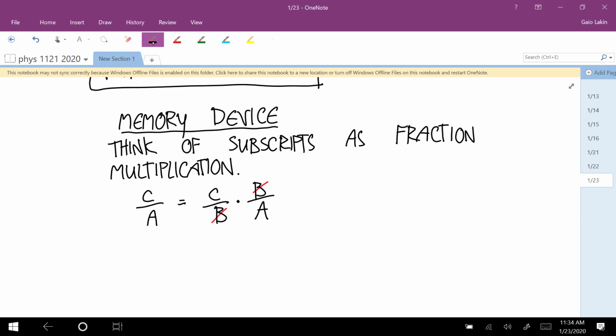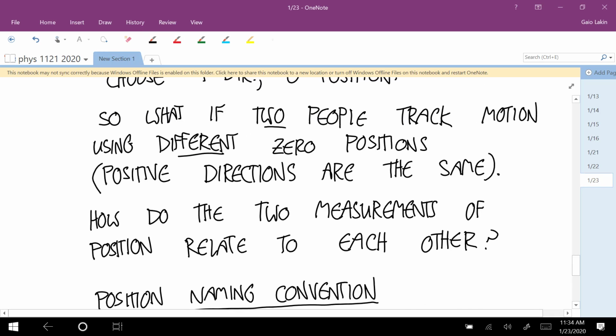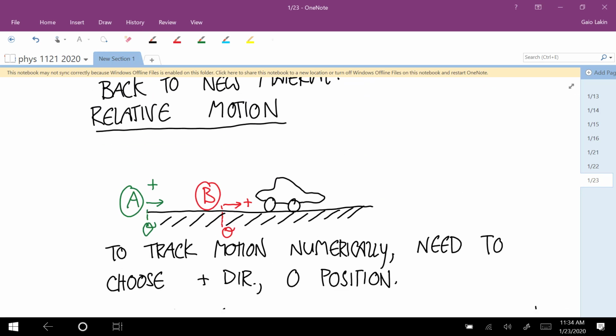Okay, well, this gets more interesting and more useful if those zero positions are not just sitting there on the street, but they're actually moving around as time goes by.